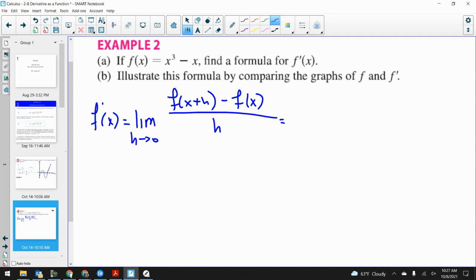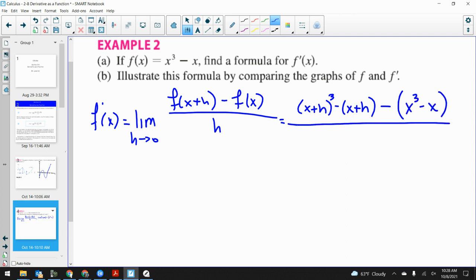All right, so now let's find f of x plus h. X plus h goes in for x. Okay. X plus h to the third minus x plus h, and then minus f of x, minus x to the third minus x, all divided by h. Does everybody follow what I did?